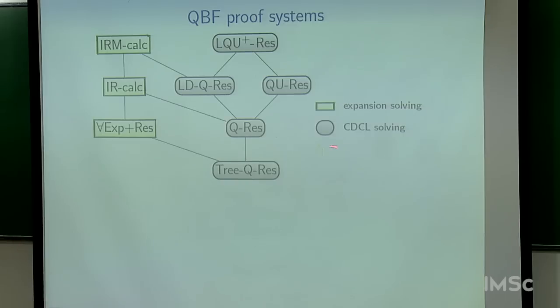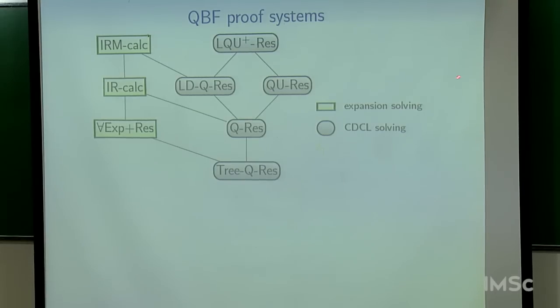We have CDCL solvers, similar to the ones we find in SAT solving, and we also have expansion solving, where we use the semantic definition of QBF to expand the variables out, and then use SAT solvers to solve them eventually. These give us 2 different flavors of proof systems, both of which use resolution at their core. We have the weaker systems at the bottom and the stronger systems at the top.